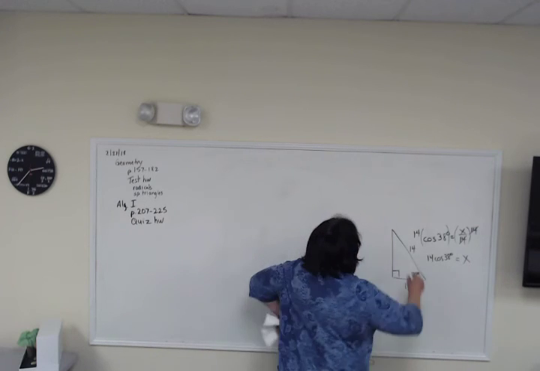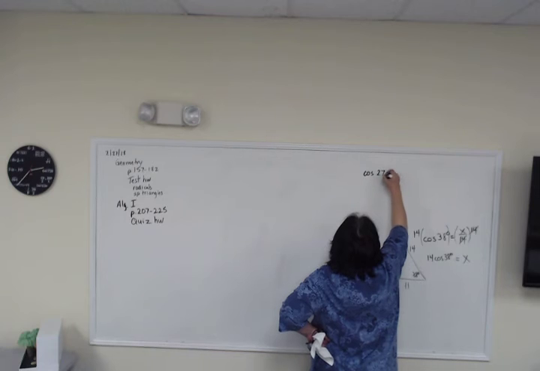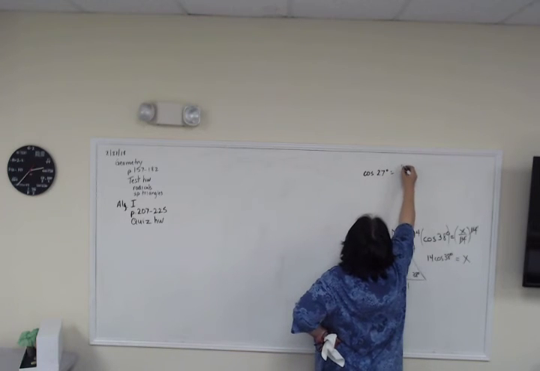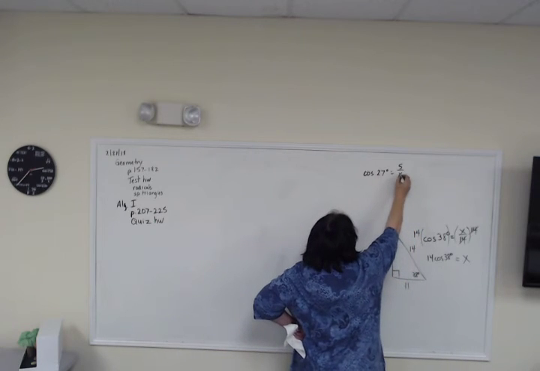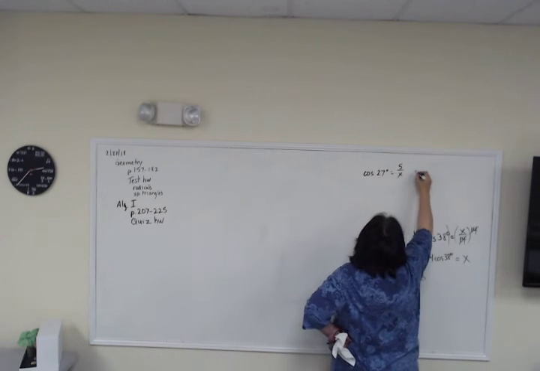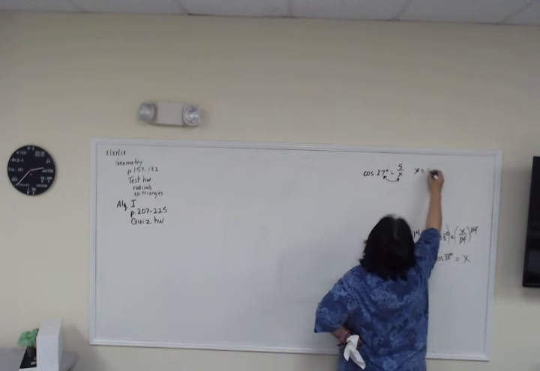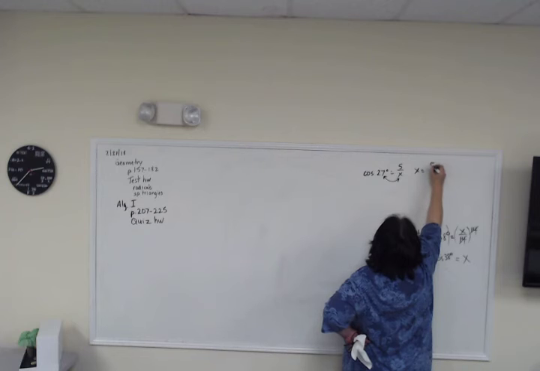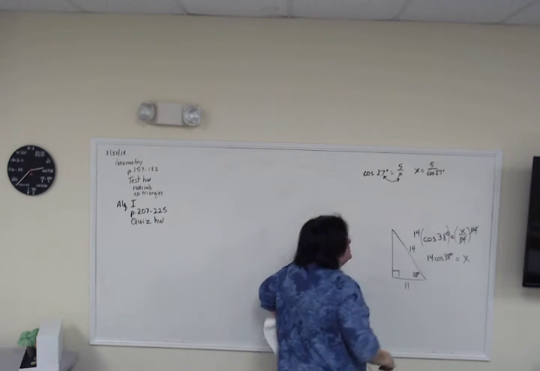When I have cosine of any degree equals 5 over x, when my variable is here in the denominator, I switch these two. And I get x equals 5 over, say, cosine of 27 degrees, right?